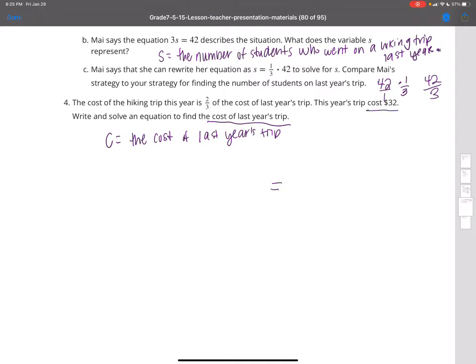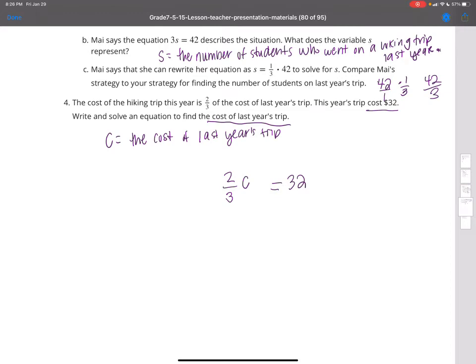All right. So this will go behind the equal sign. Now they said that the cost of the hiking trip this year is 2/3 of the cost of last year. So they're saying that 2/3 of however much the trip cost last year is equal to $32.